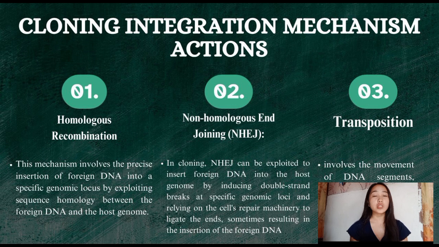Non-homologous end joining is a DNA repair process used by cells to repair double-strand breaks. It can be used in cloning integration to integrate foreign DNA fragments into a host genome.